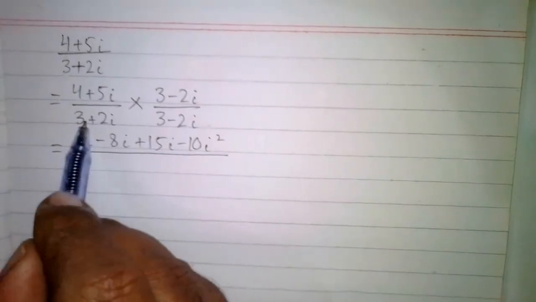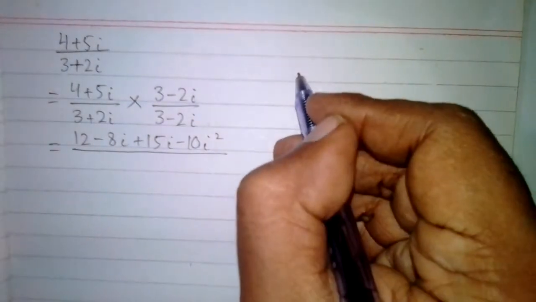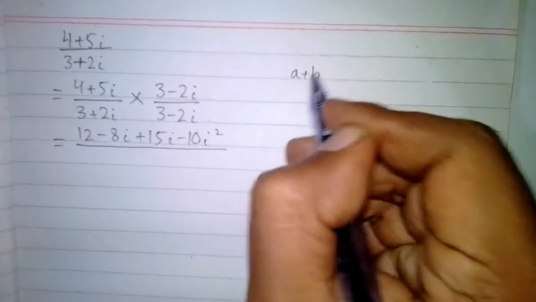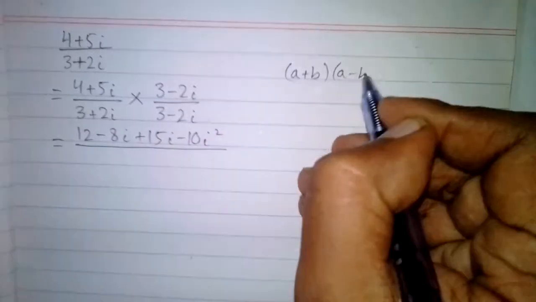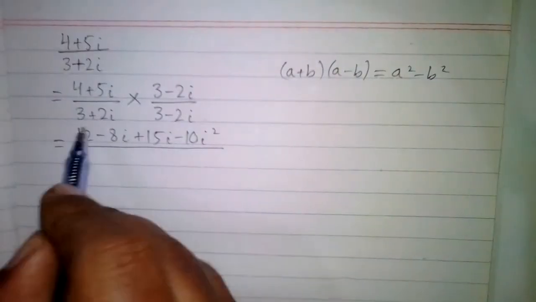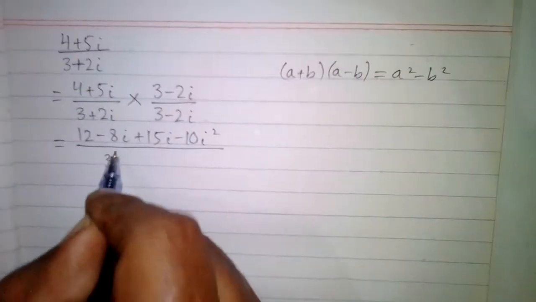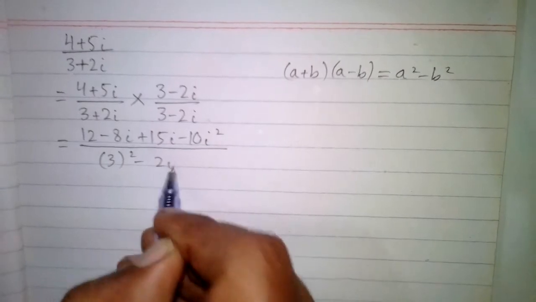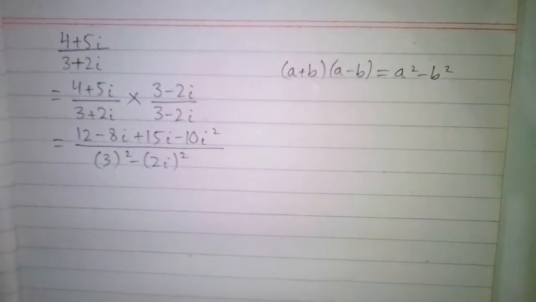Now in the denominator we can apply the formula a plus b times a minus b, which is equal to a square minus b square. So we have 3 square minus 2 iota square.